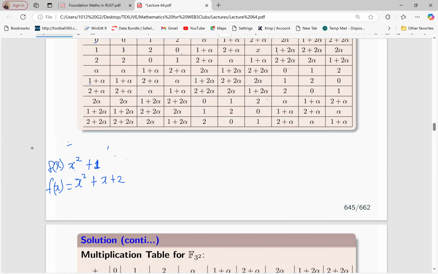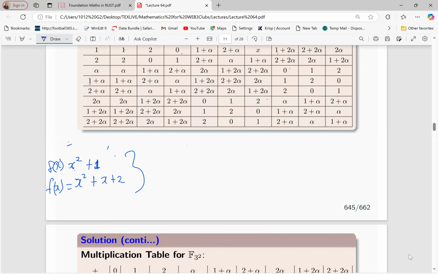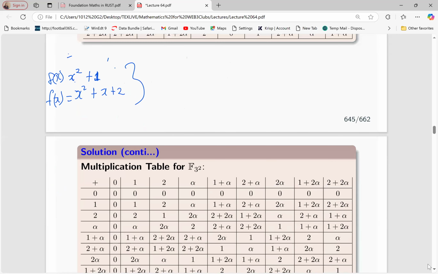Yes, because when x is 0, when x is 1, this becomes 4, and when x is 2, this becomes 4 plus 4. So you can use any of these and many others which are irreducible. Let's go straight to multiplication and see that they are giving us the same results.